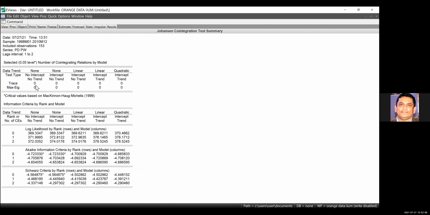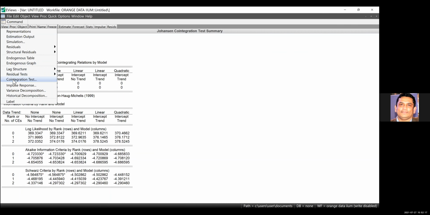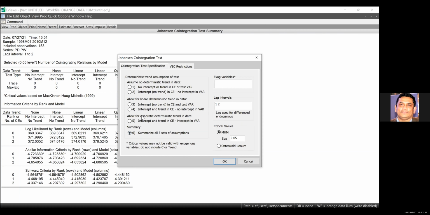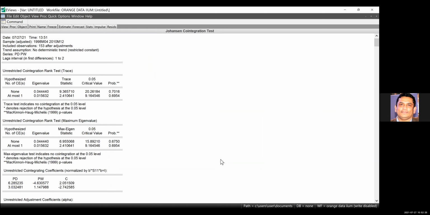So you see that it shows there is no cointegration relationship, like model 5 here. There are two different tests, called the trace and maximum eigenvalue test, right? But, for example, here, if we use this one, we don't see any cointegration relationship, right?